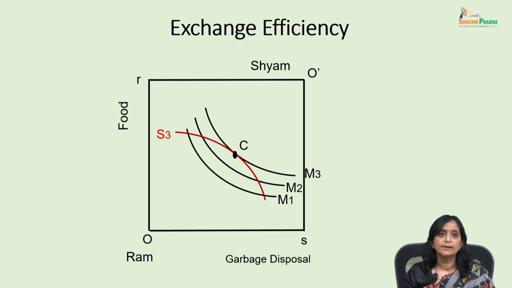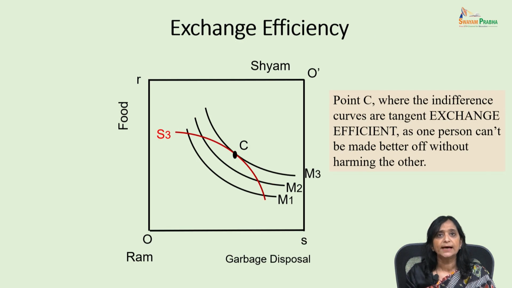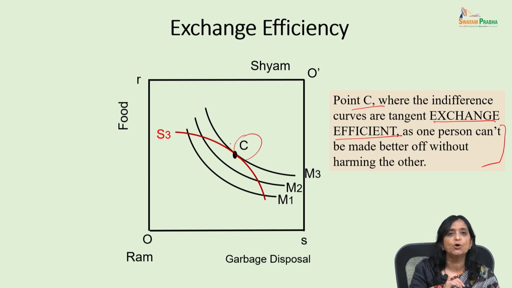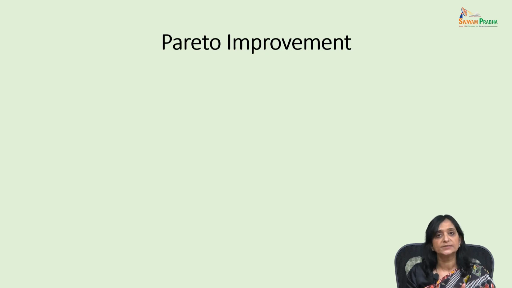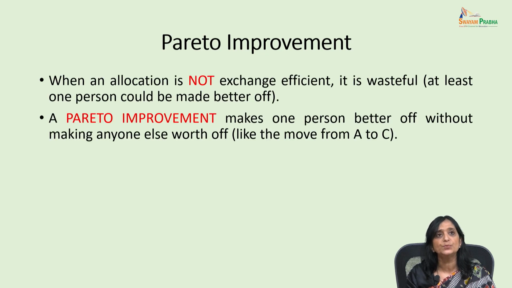Then, similarly, this point C, which we have just talked about, is called exchange efficient. Why? Because we are making someone better off without making someone worse off. So exchange efficiency is being achieved at point C of this graph. And there is another concept which we talk about, which is called Pareto improvement.